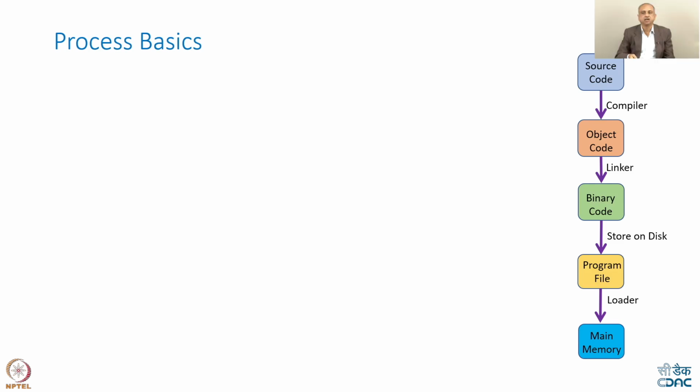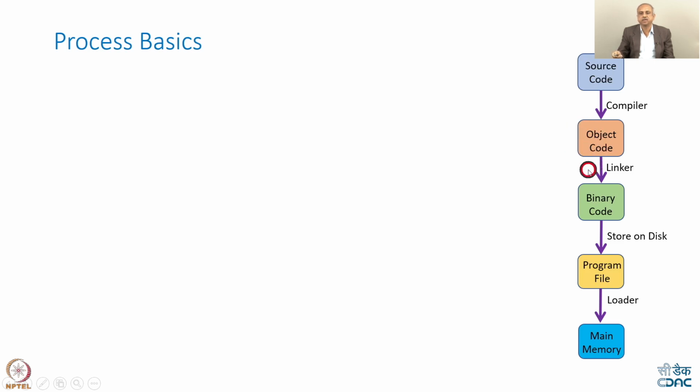Now, let us understand the basics of a process. Here in this diagram you can see how the source program is run in the memory. The source program is written in a language like C or Java. Then a program like C is compiled, and an object code is generated.